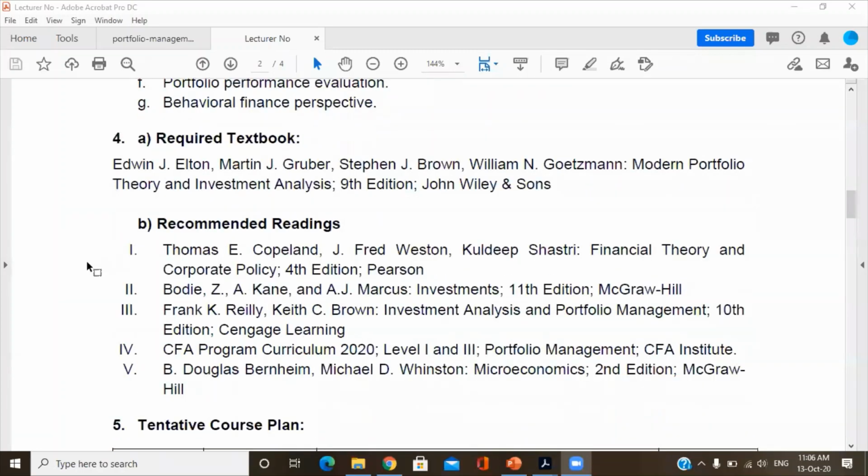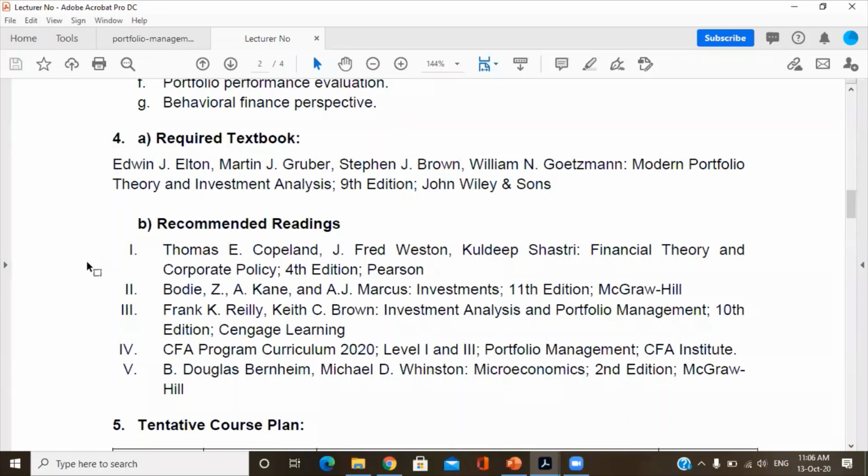So these are our textbooks. There will be several reference books. The matter is that we don't have complete contents from one text. So we'll try to cover contents from different texts, and we'll tell you which contents are available in which text.